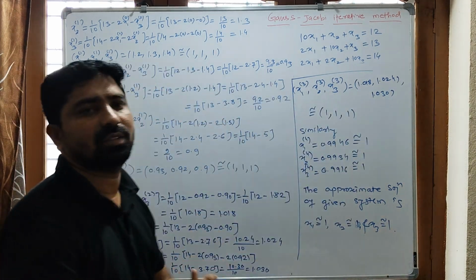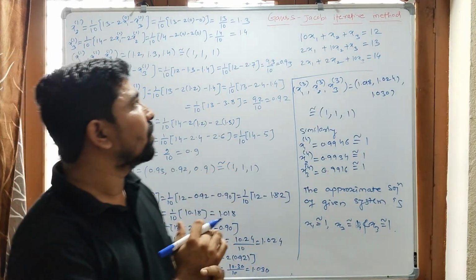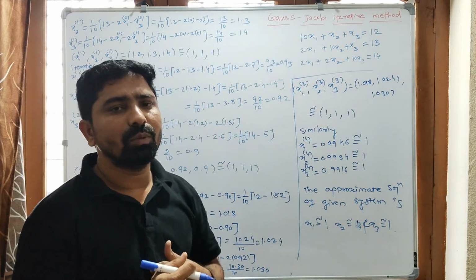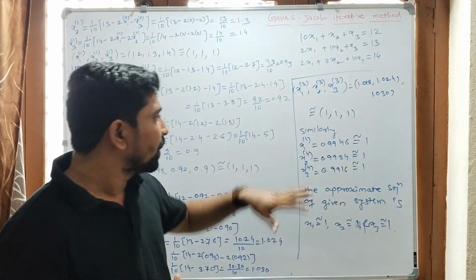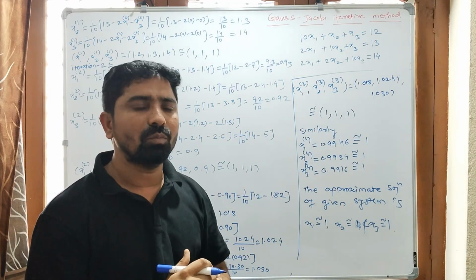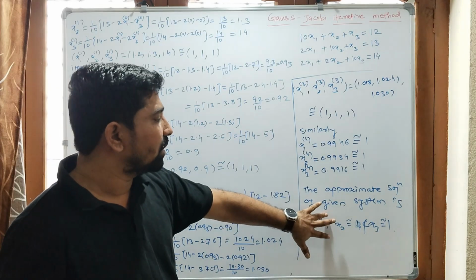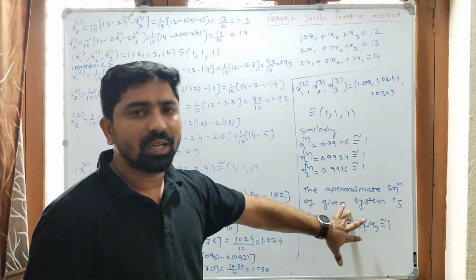So this is my final answer. Whenever someone asks to find the solution of the given system by using the Gauss Jacobi iterative method, you can go up to 3, 4 or 5 iterations. After that you can conclude your answer with the approximate answer.